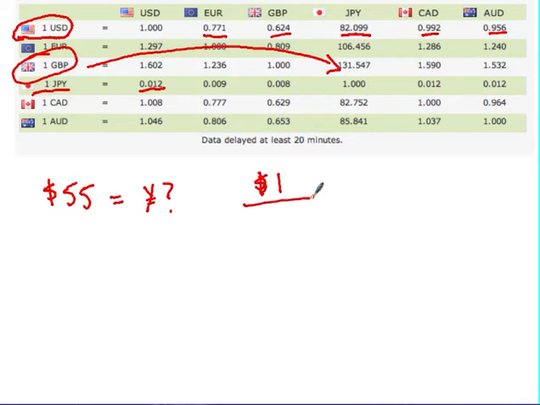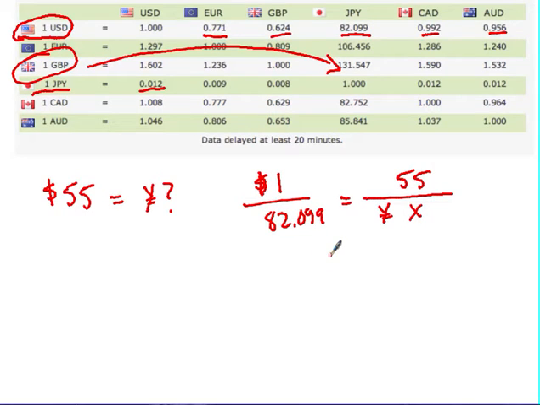So 1 US dollar is equal to how many yen? 82.099. Is equal to, we know that this is $55, and so how many yen will this take?